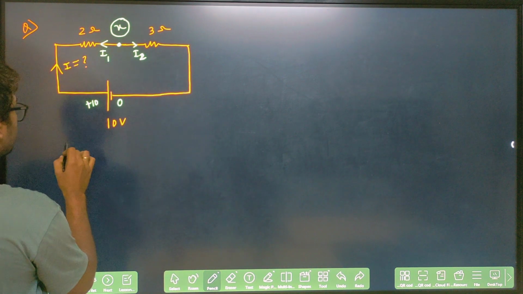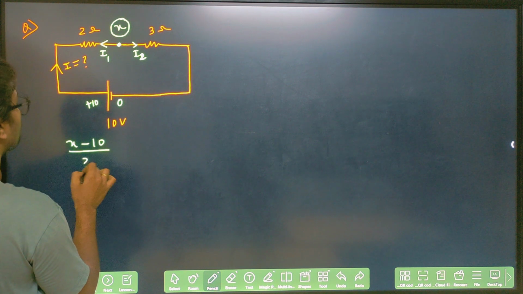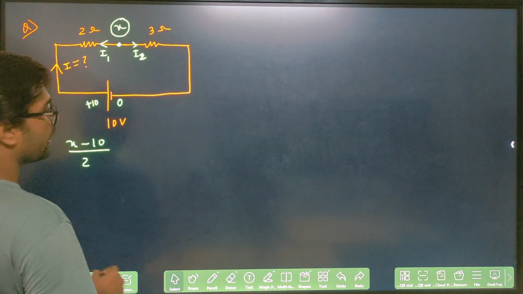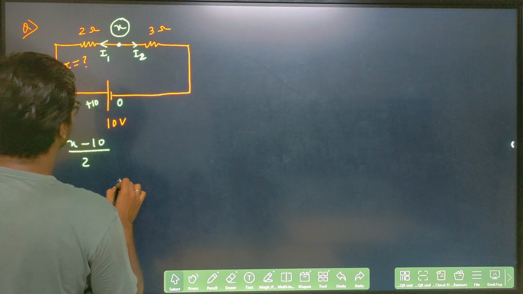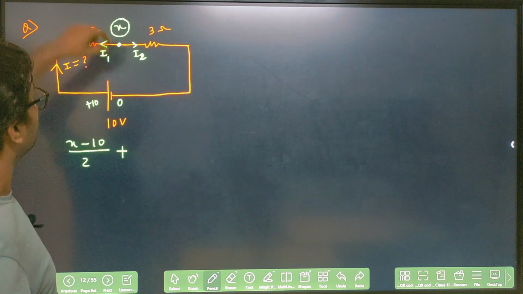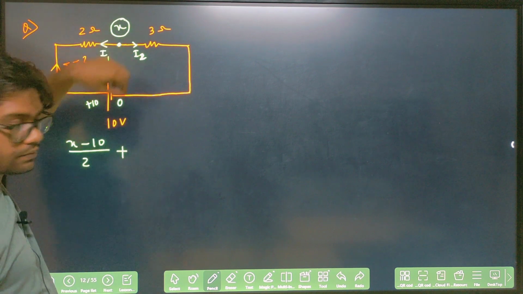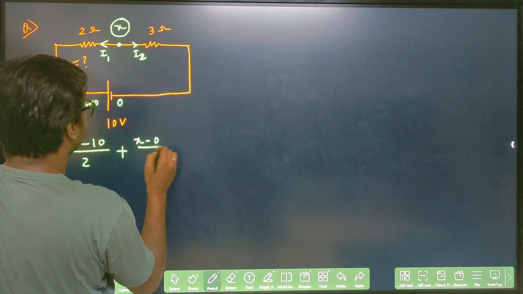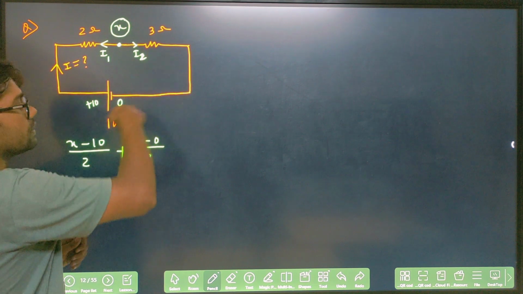So (x minus 10) divided by 2 ohm is your current in this circuit, I1, plus here (x minus 0), because 10 volt means this will be 0 volt, (x minus 0) divided by 3 ohm is your current through this, I2.